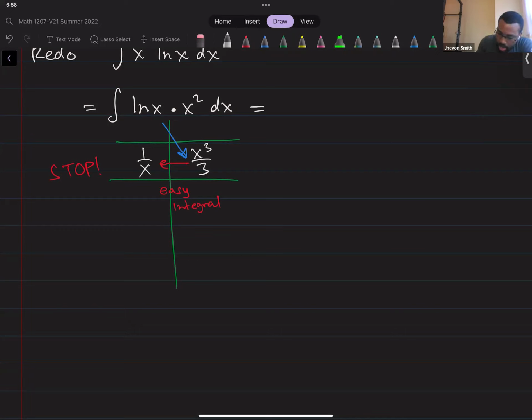So that you can rewrite as, okay, so this is going to be an x cubed over 3 times the ln x minus this integral of 1 over x cubed over 3.